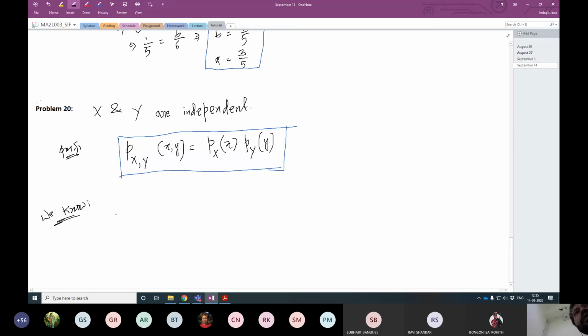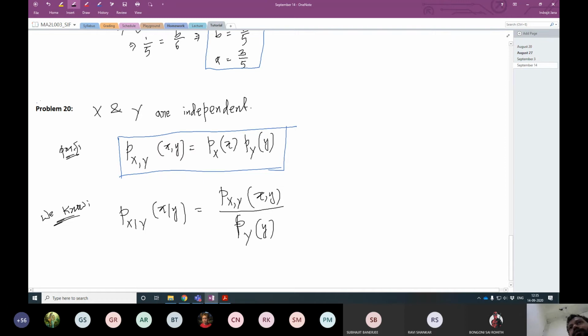We know that the conditional probability mass function, which is p of x given y, is the joint PMF of xy divided by the marginal PMF p y.